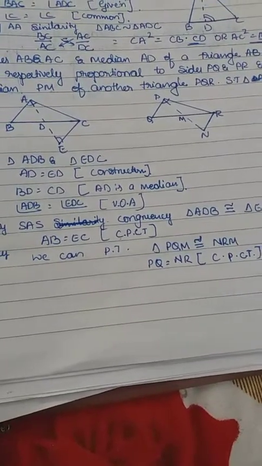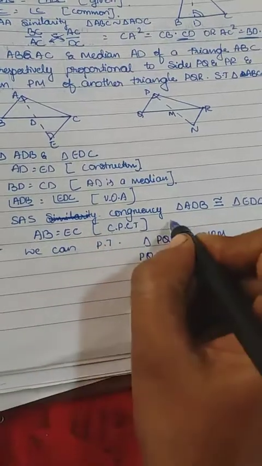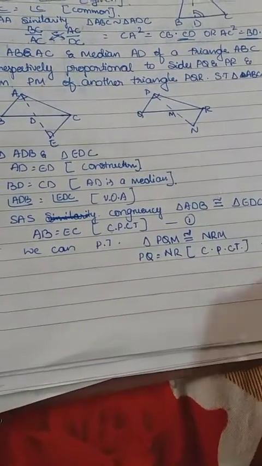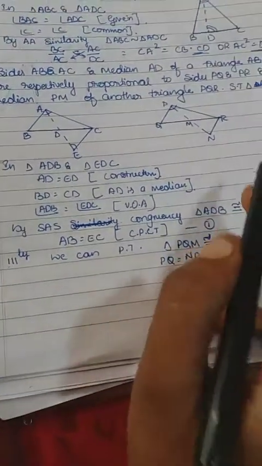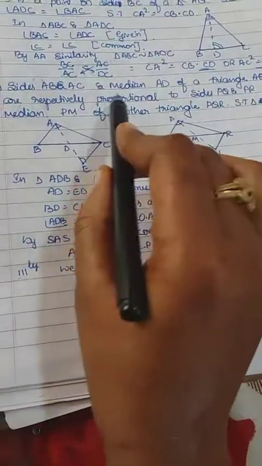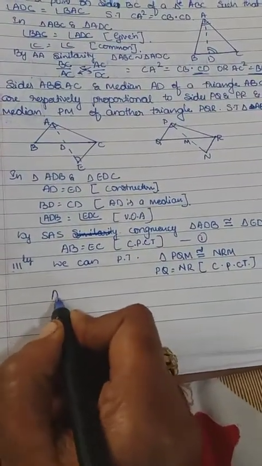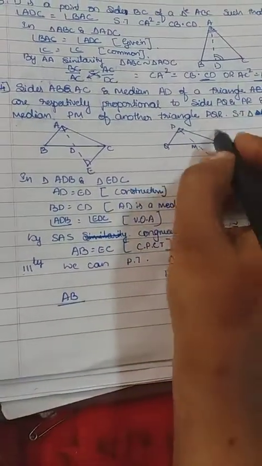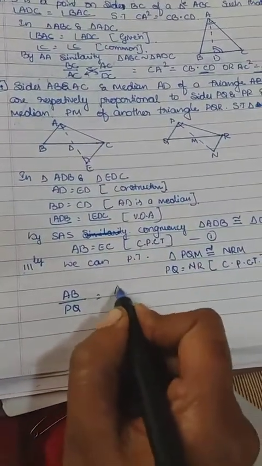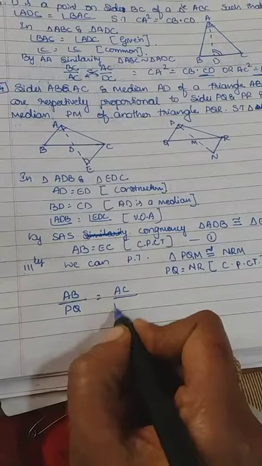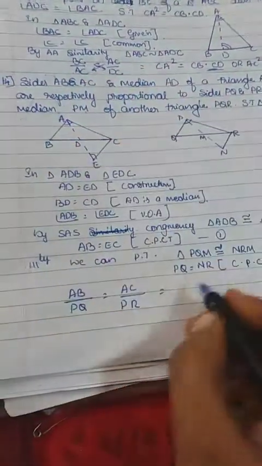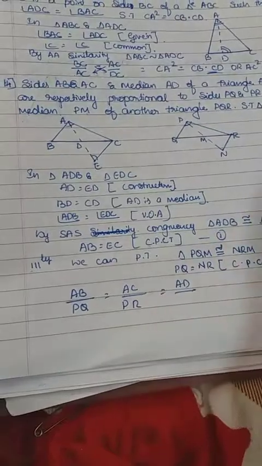Next, take this AB equals EC which we have proved as equation 1, and this as equation 2. Now from what has been given, corresponding sides are proportional: AB divided by PQ equals AC divided by PR equals AD divided by PM.